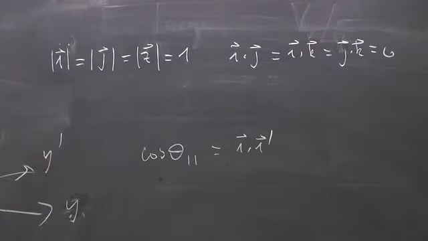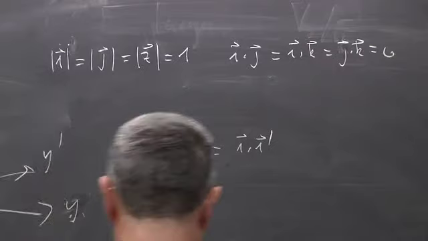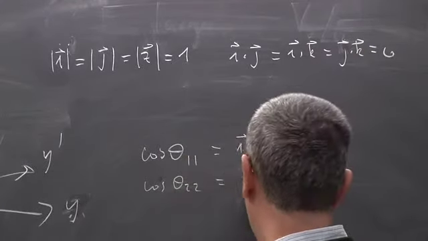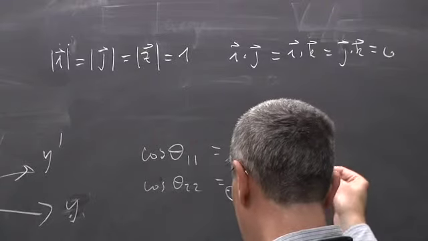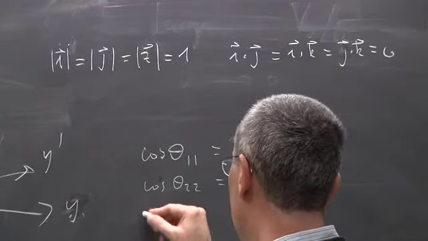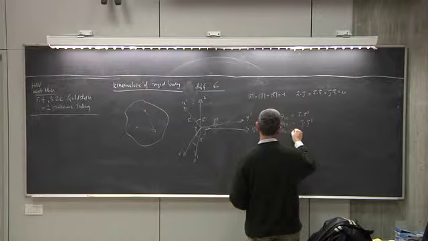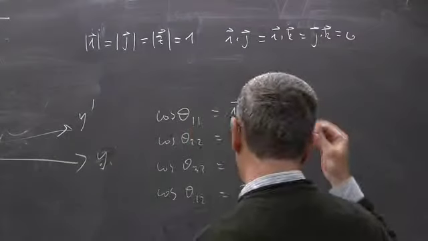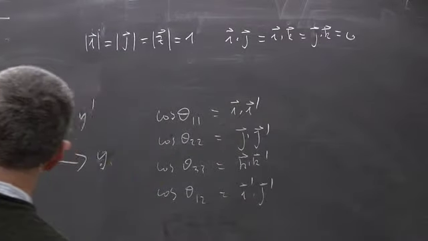You can define 9 of these because you know all the possibilities. So you have a cosine 2, I guess, with j prime. You can keep on going, right? Cosine 3 is the same with k. But then you also have more, like 1, 2, 1, j, something like this, and you can make 9.